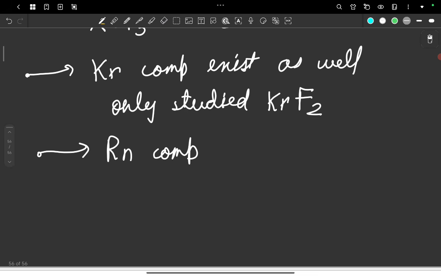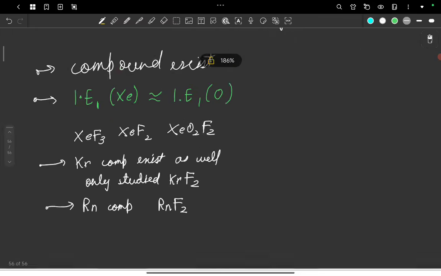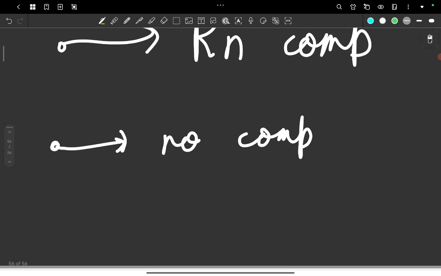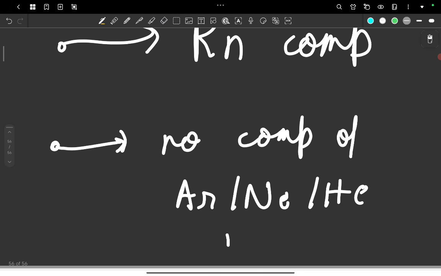For example, we know that RnF2 exists, but it is not stable enough for us to isolate it and study it. And the last point, the only elements which are not traitors in the group 18 elements, no compound of argon, neon, or helium is known.